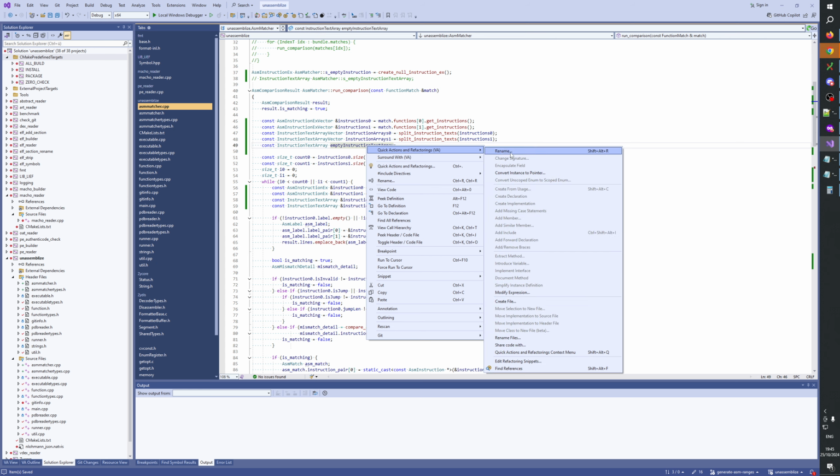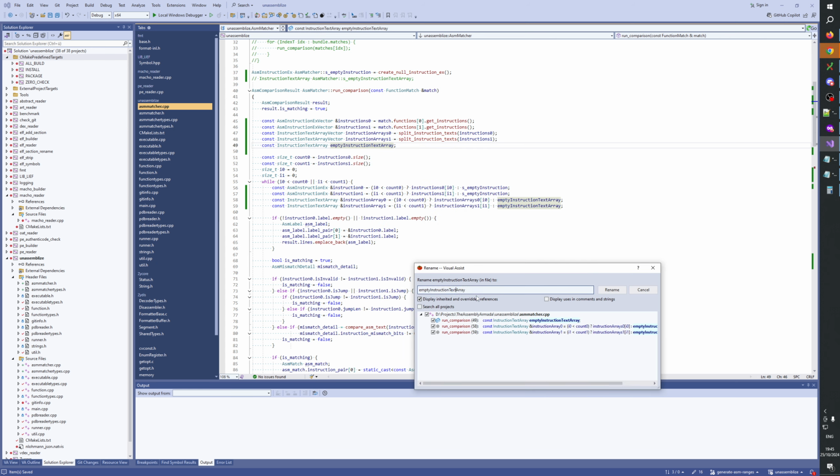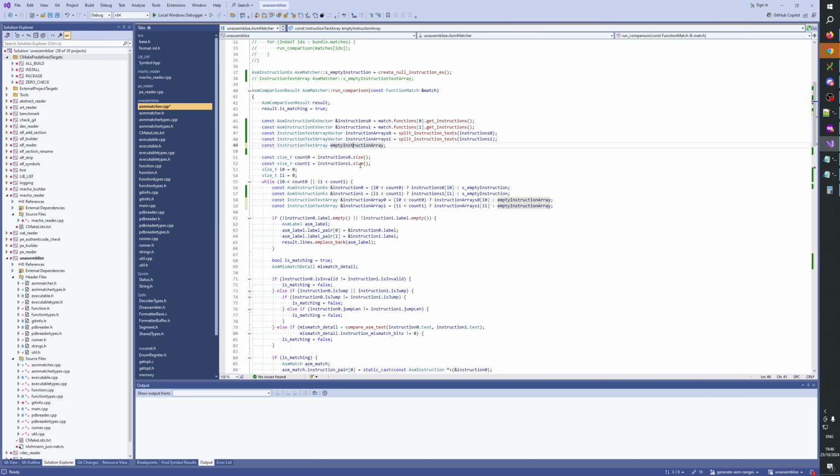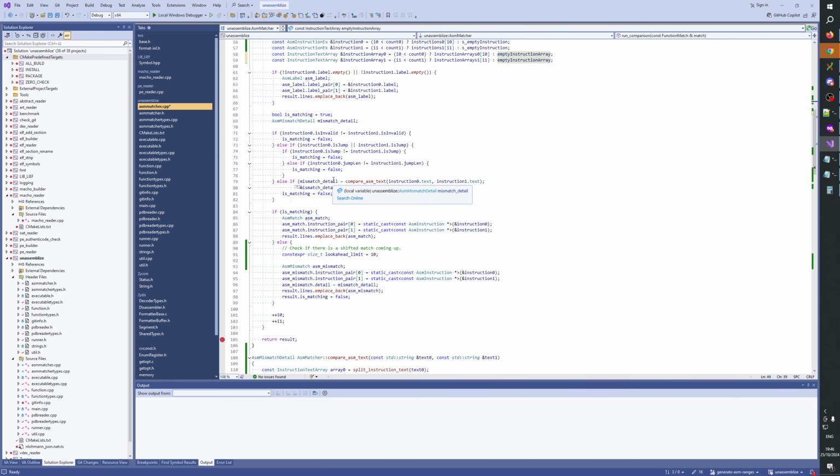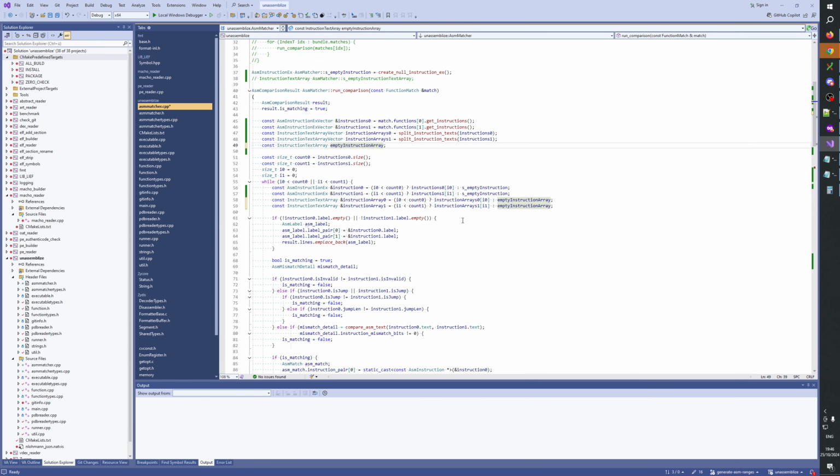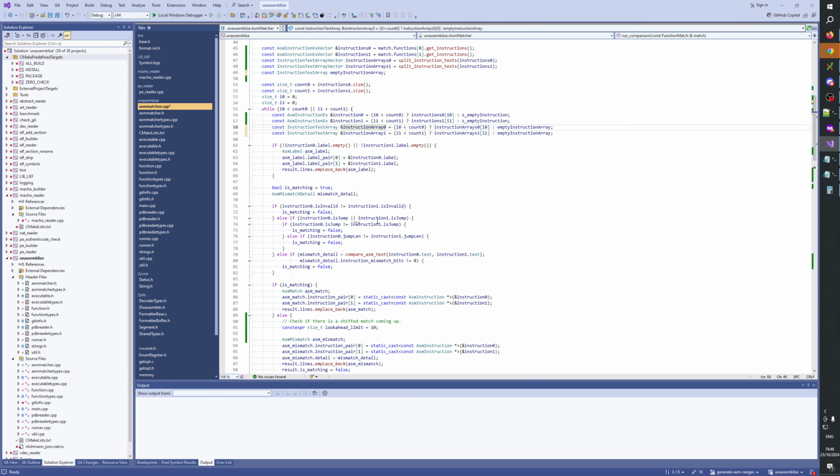Let's call this array instruction array. Cool. Okay. And then we need to pass down here instruction.